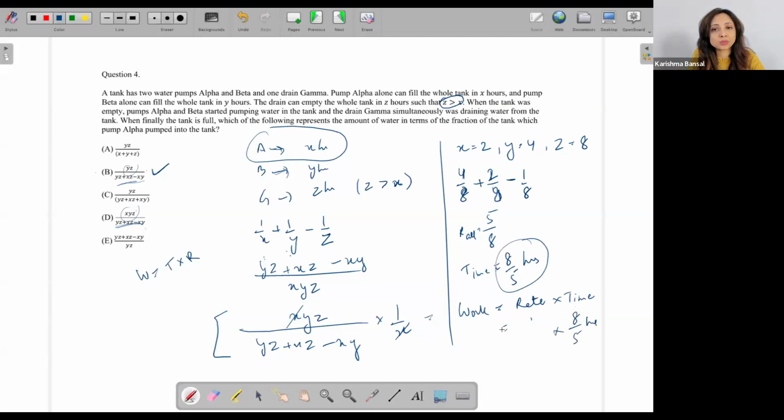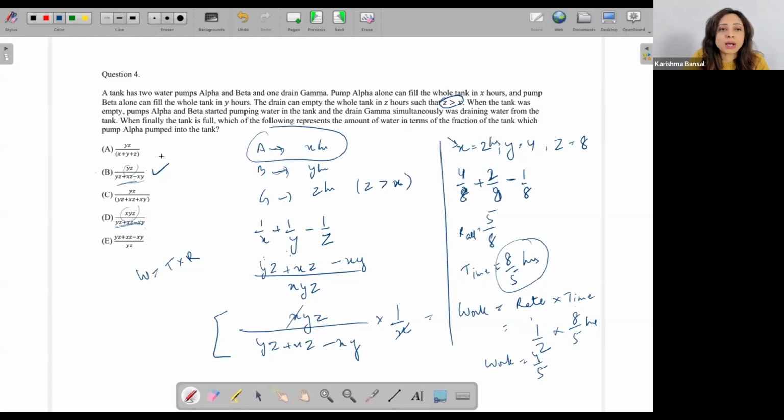What is the rate at which alpha was working for these many hours? Alpha was working for 1 by 2, right? This is the rate. X, alpha, x, whatever, takes 2 hours to fill the tank independently. That means the rate of x, the rate of alpha, is 1 upon 2. 1 half of the tank per hour is the rate of x. So what is the rate? That is half. So when I multiply this, I get work done by alpha is 4 by 5.